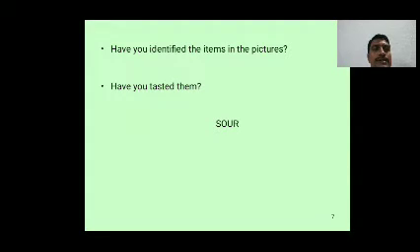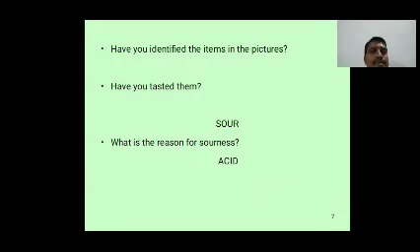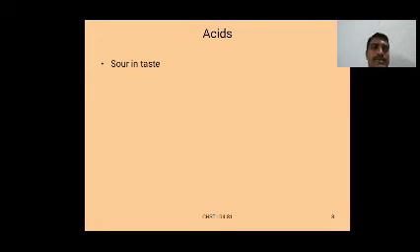The sour-tasting substance acts as acidic in nature. What is the reason for sourness? Acid. The acidic nature of the substance gives a sour taste. Acids are sour in taste.